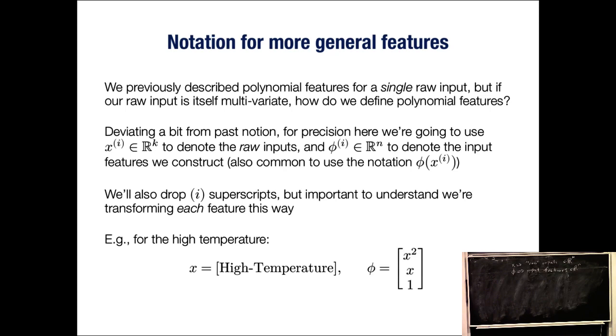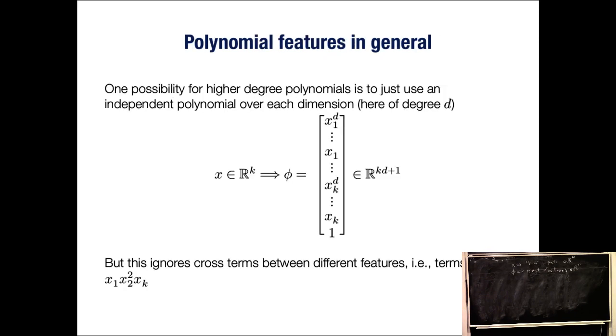So one thing you can do, maybe the most obvious thing, is just form a polynomial in each one and then stack them together, right? So I just take my x1, so my features then become x1 to the d, x1 to the d minus 1, all the way up to x1 to the 1, because the zeroth powers will all be the same. They would each have their own 1. All right, so that's my features for my first variable.